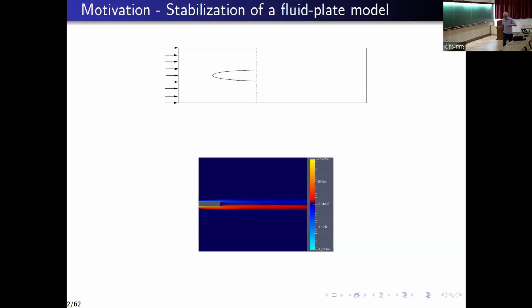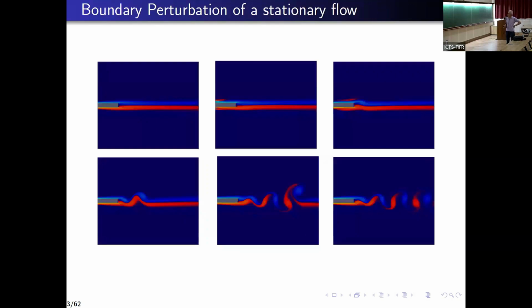But due to some variation, since this flow is unstable, there is some shedding of vortices, and we would like to act only on this part. We would like to be able to move the plate in order to stabilize the flow. So this is the picture we obtain.